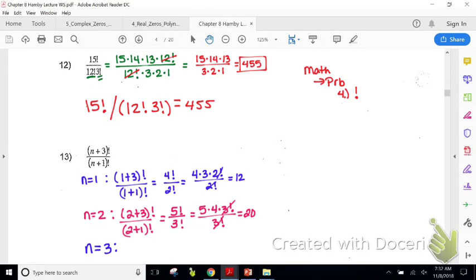And the same thing for the third term. And we could keep going from there. I just said let's find the first 3, but if it had said find the first 5, we could have kept going, right? All right.